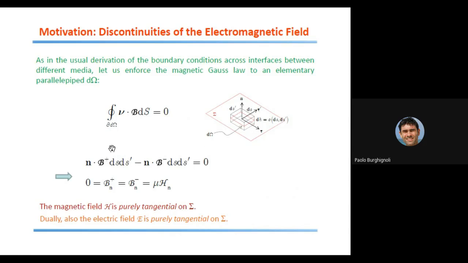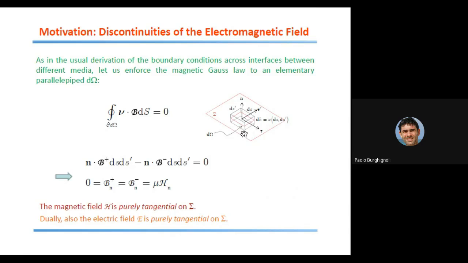The upper rectangle gives you a contribution which should be evaluated as an integral, but since the domain of integration is infinitesimal, we will approximate the integrand with the value it has, for example, at the center of the upper face, and write this value n dot B plus times the area of the upper face, which is the product of its linear dimensions, ds and ds prime.